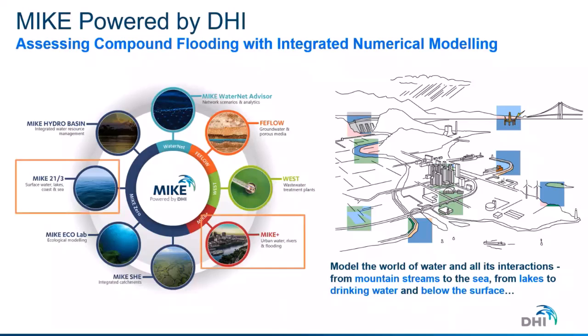Today, specifically, we'll be looking at the integration of MIKE 21.3 and MIKE+, which is really the urban environments with the coastal environments. And what we want to demonstrate is that it's foundational to compound flooding to model all the interactions between mountain streams, for example, sea, lakes, drinking waters, and also subsurface waters. So naturally, the MIKE powered by DHI products are well suited to assessing compound flood risks.